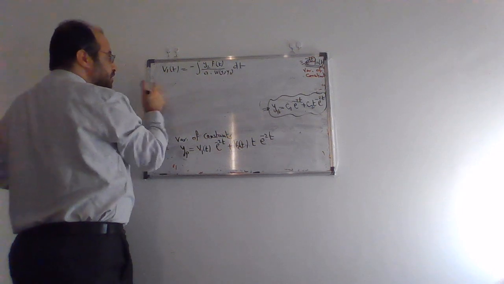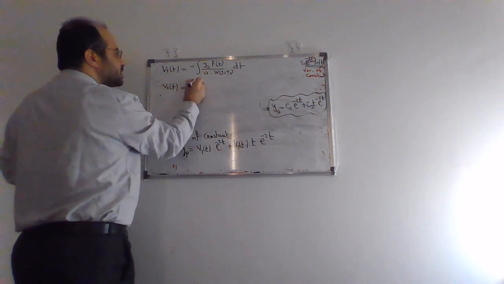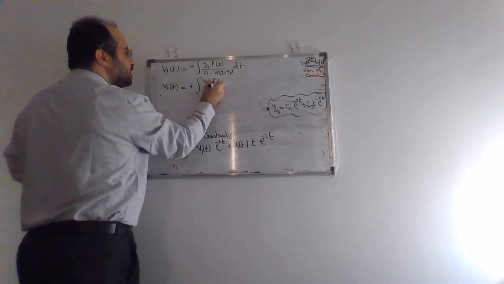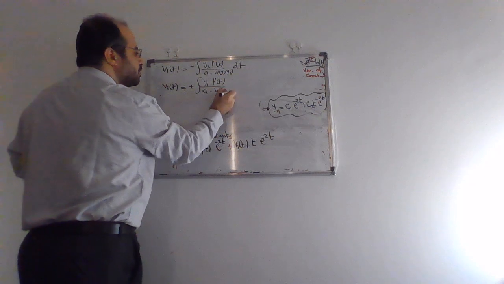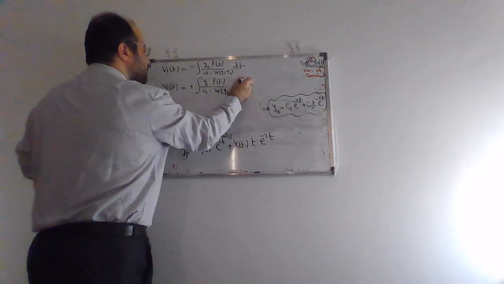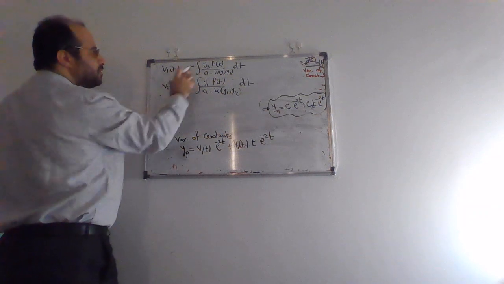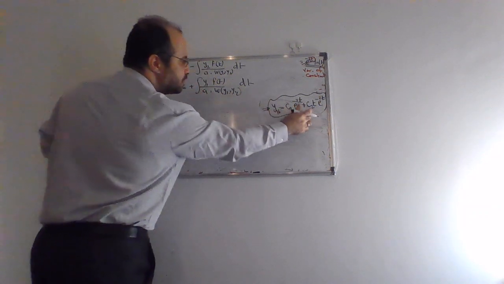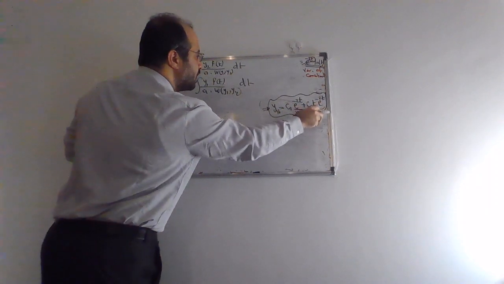And V2 of t is plus the integral of y1 f of t over a times W of y1, y2, dt, right? I have y1 and y2.